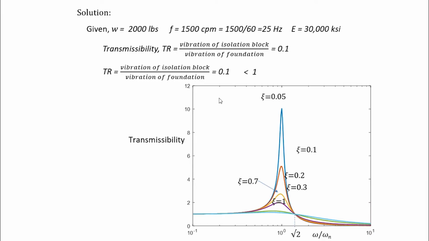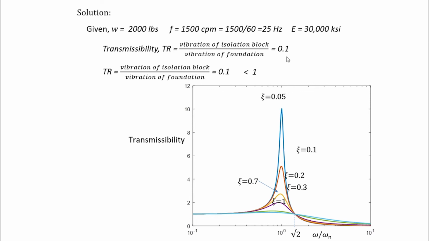Now let's look at how the value of the transmissibility varies with frequency ratio. We have learned this last week. This is the transmissibility curve. The y-axis shows this ratio, the vibration of the isolation block to the vibration of the foundation. As you can see here, when the frequency ratio is very small, the transmissibility is equal to 1.